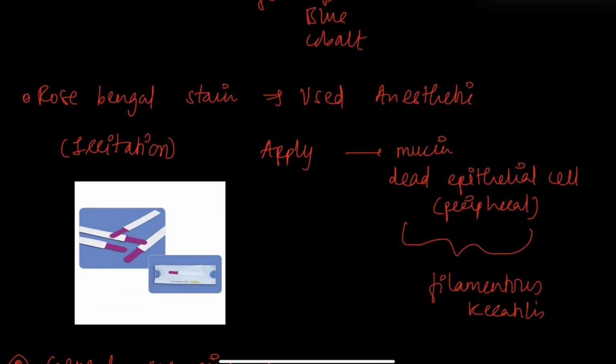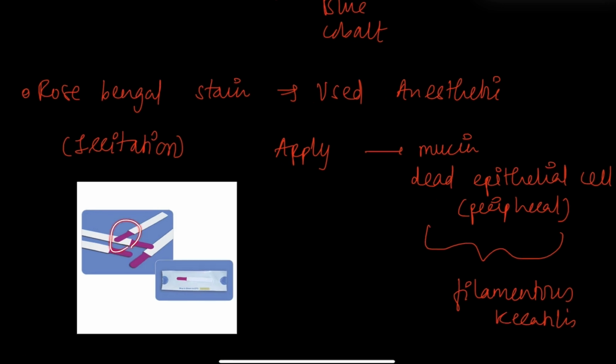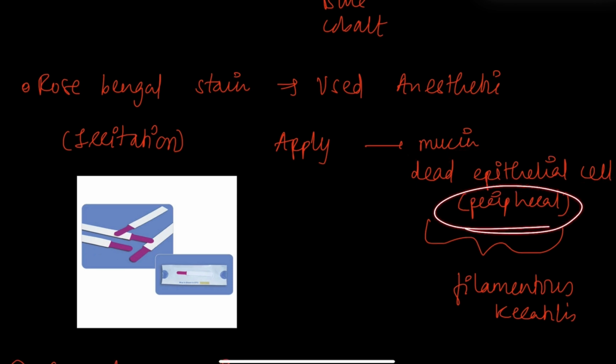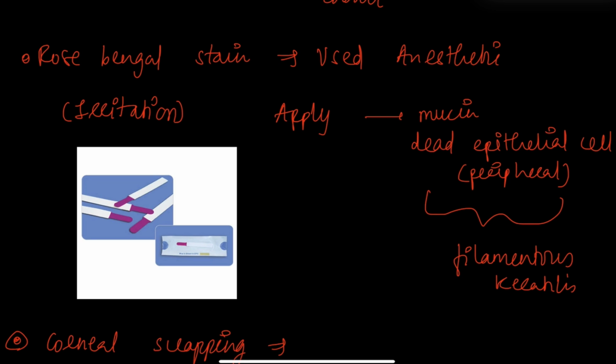Now, the second stain which some people use is rose Bengal stain. Rose Bengal stain causes irritation, so it should be used with an anesthetic agent, mostly a local anesthetic, so that the person is more comfortable. It is purplish in color. It identifies mucin and dead epithelial cells which are peripherally present, which we know are called filaments.